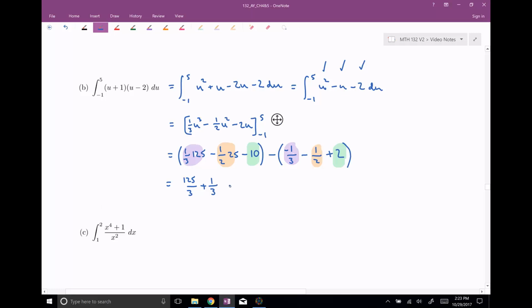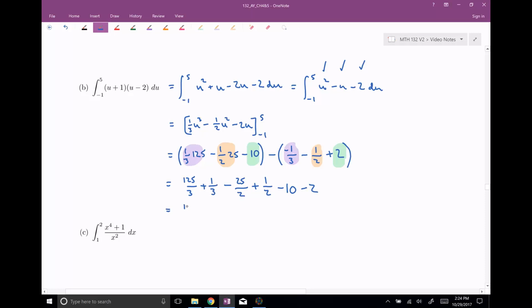I'm going to have -25 halves, and then I'm going to subtract away another -1/2. That's the same thing as adding a half. And then finally I'm going to have -10, and then I'm going to subtract away 2.